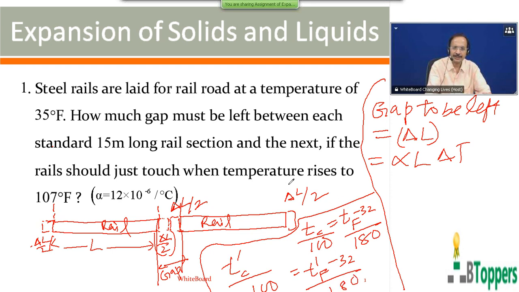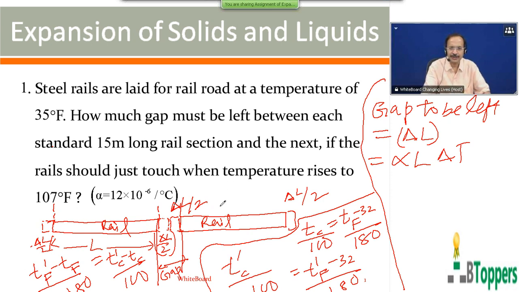So subtract one by the other. So change in temperature, Tf dash minus Tf by 180 is equal to Tc dash minus Tc by 100. That means change in temperature on centigrade scale.